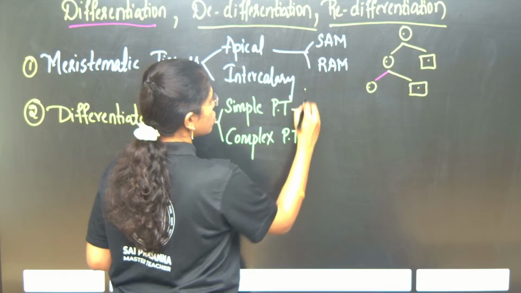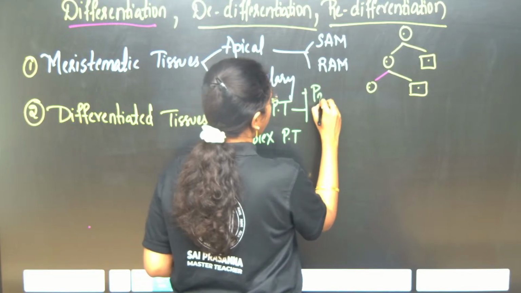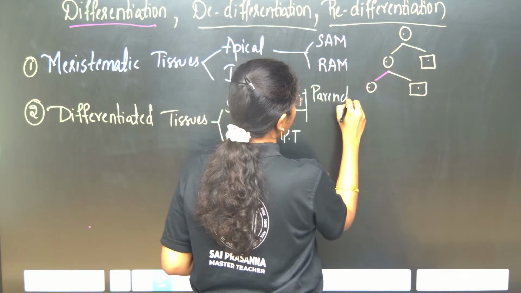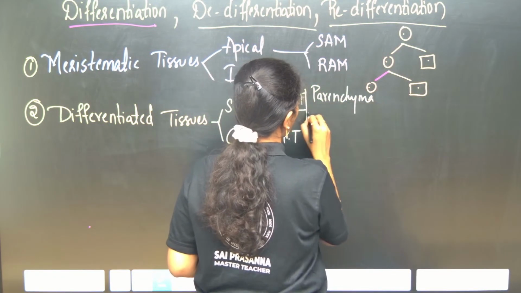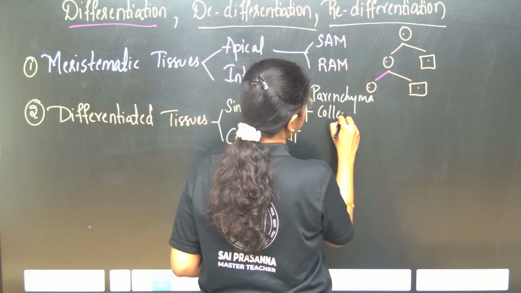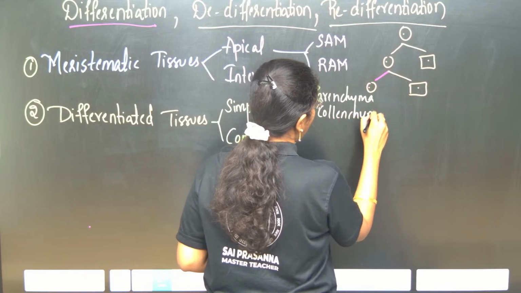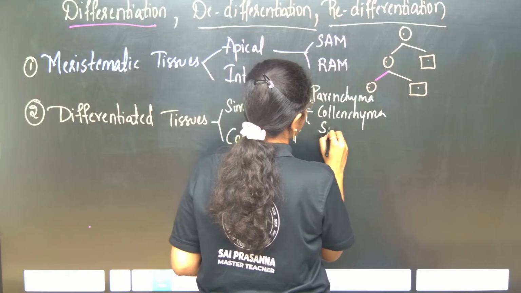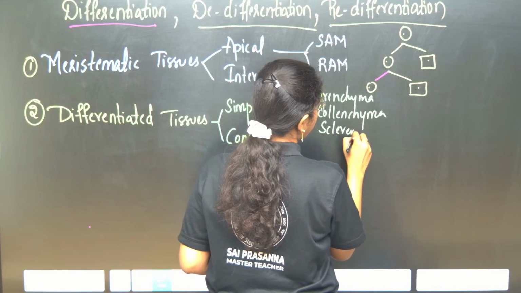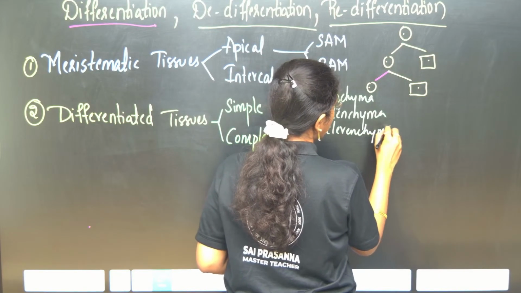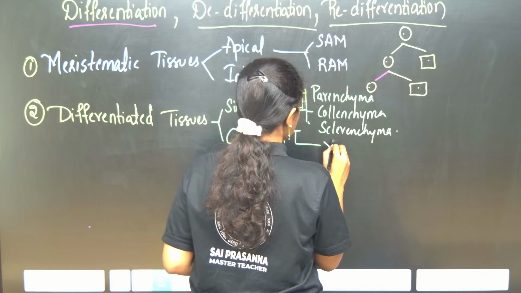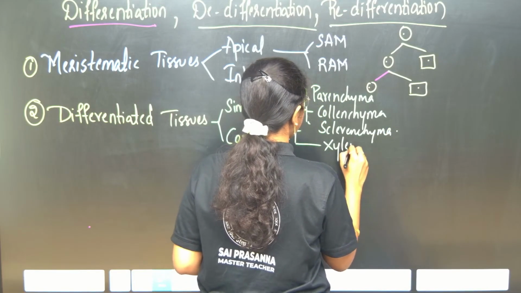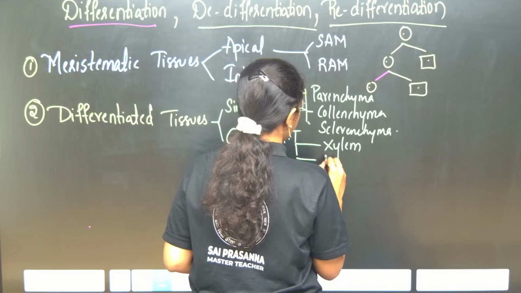Simple permanent tissues include parenchyma, collenchyma and sclerenchyma. Complex permanent tissues include xylem and phloem.